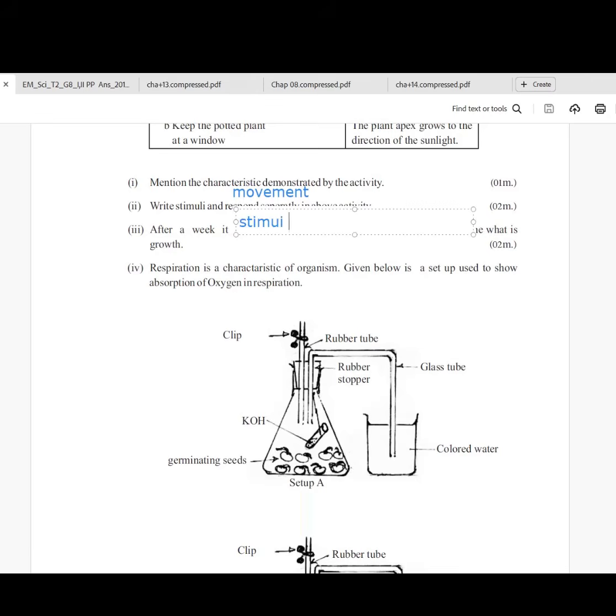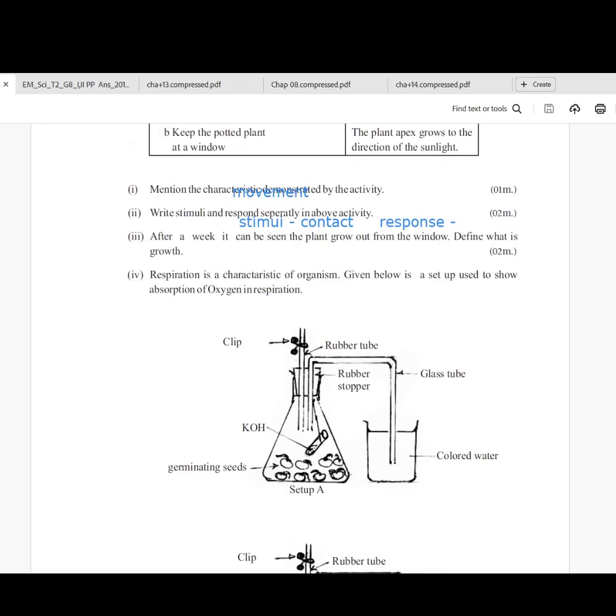Stimuli is contact in the first activity, and the response is the shrinking. After a week, it can be seen the plant grows out from the window.